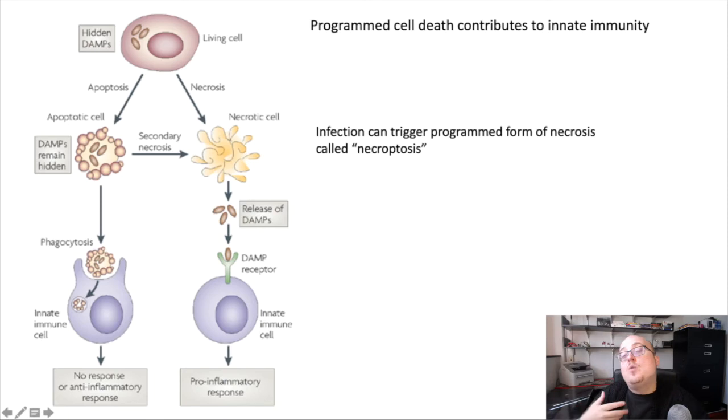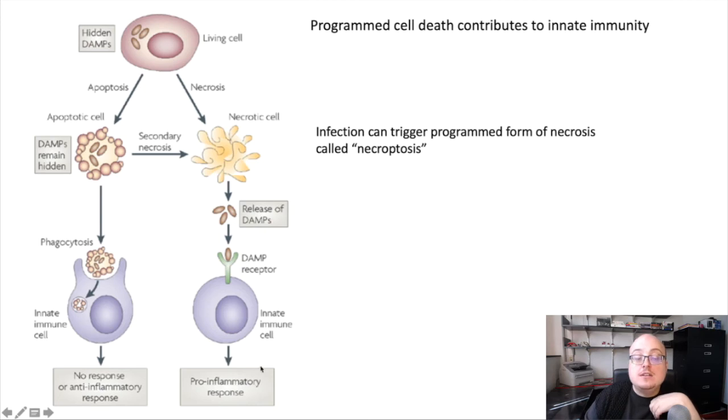And a cell might want to undergo necroptosis because of a lot of different biochemical or other inflammatory microenvironment cues. But basically, if a cell chooses to undergo necroptosis, it's going to permeabilize its cell membrane, swell and pop, release all those DAMPs, and it's going to induce a really strong inflammatory response.